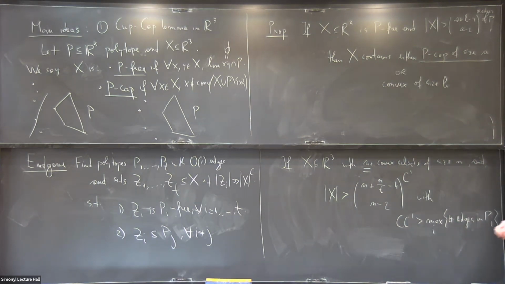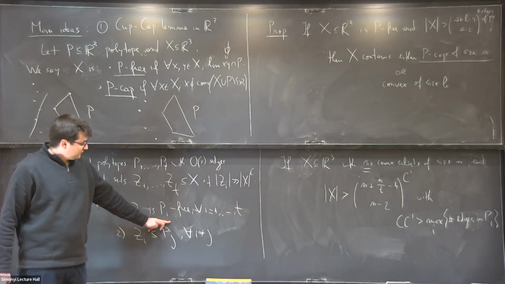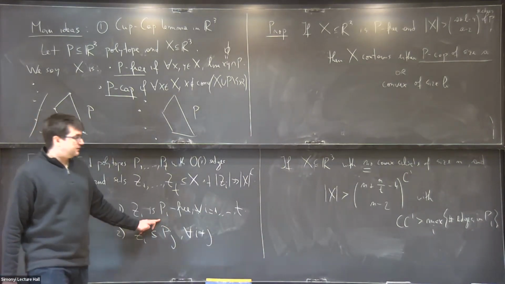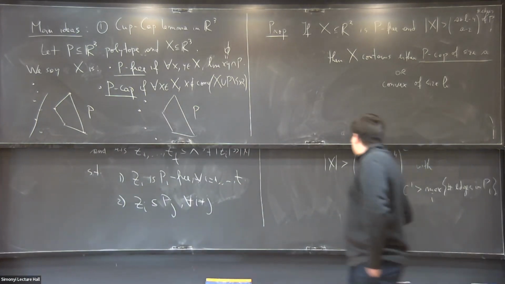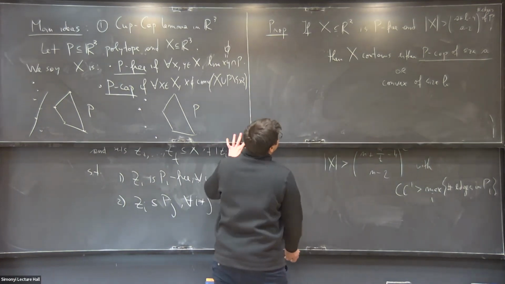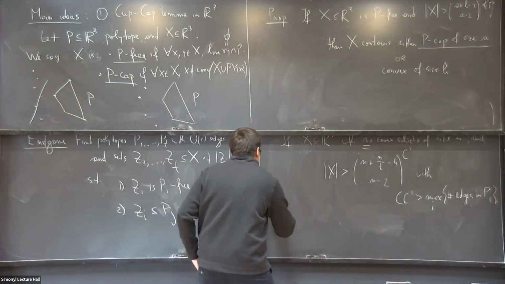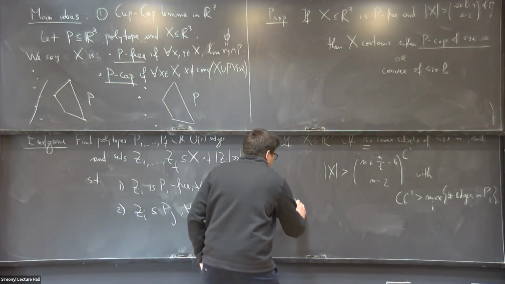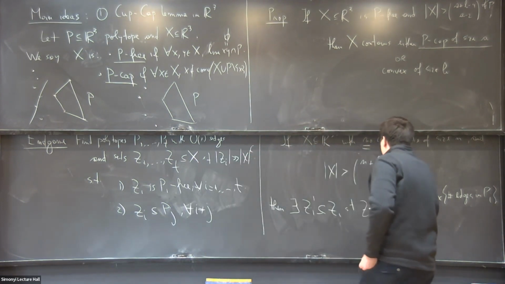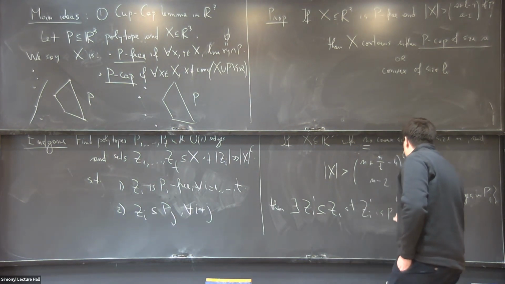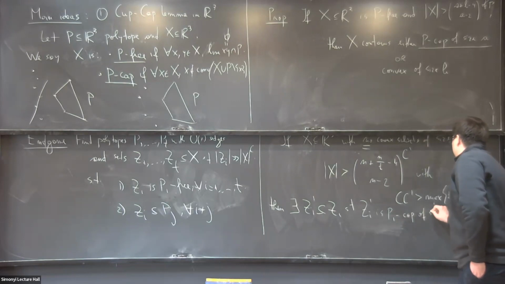Well, then I can apply the cap lemma in R3 to all these Zi's, as they are large enough. So if this happens, then there is Zi prime inside Zi such that Zi prime is a cap of size at least n over t.